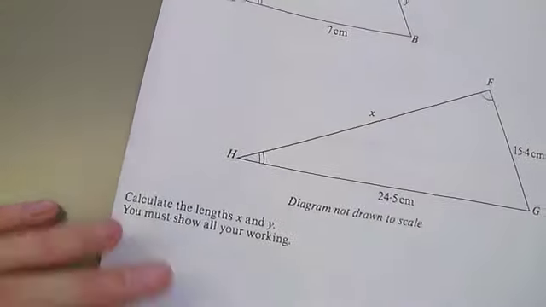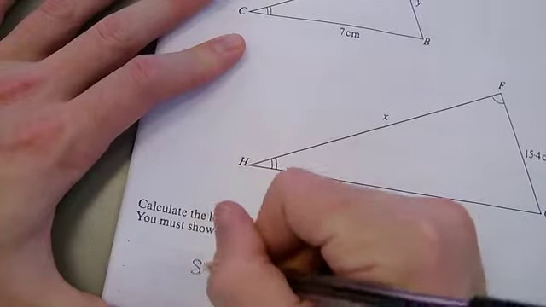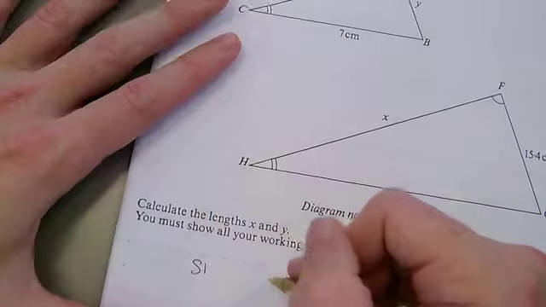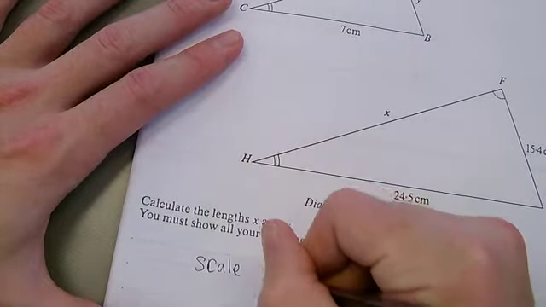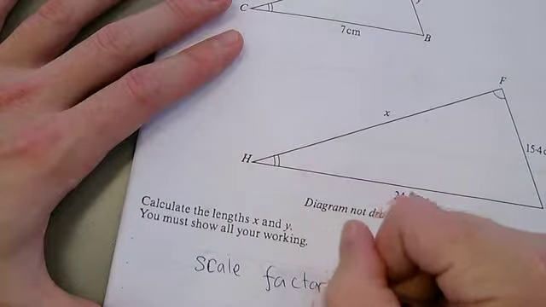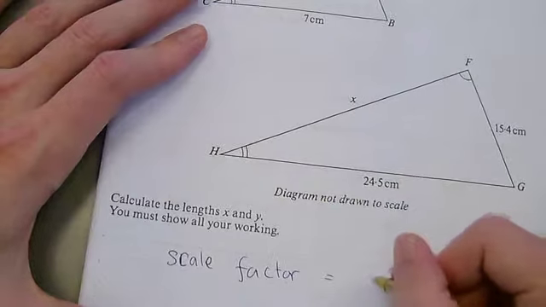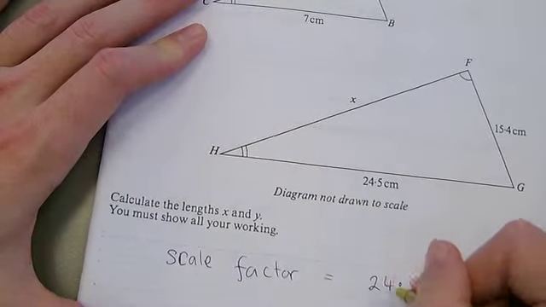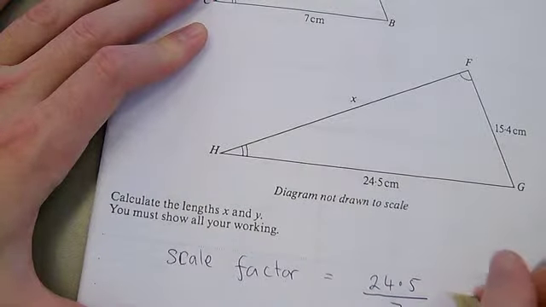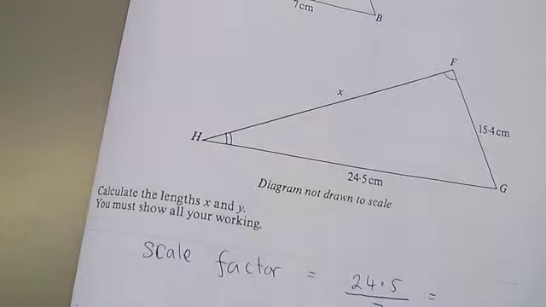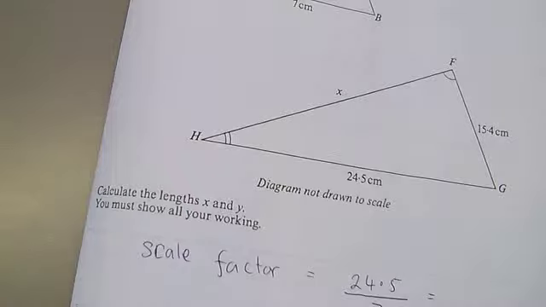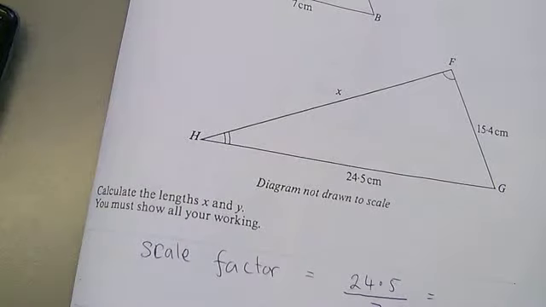So we can start off by finding the scale factor. How do you work out the scale factor? In fact, I'm not going to write SF. I'm going to write scale factor. QWC. Just write the words properly, okay? Scale factor is equal to 24.5 divided by 7 because it's what we call corresponding sides that are given. So 24.5 divided by 7 is 3.5.